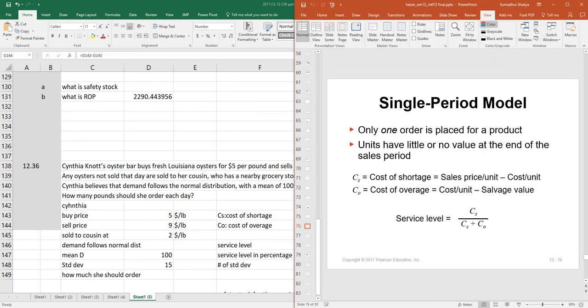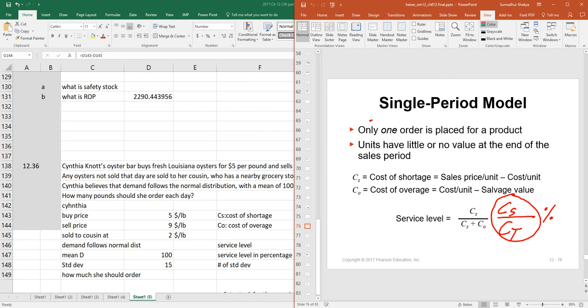Now the service level is calculated by the cost of shortage divided by the cost of shortage plus overage, which can also be looked at as the ratio of the cost of shortage divided by the total cost. Okay, this ratio determines how much people should order. In terms of percentage, it gives you an idea.